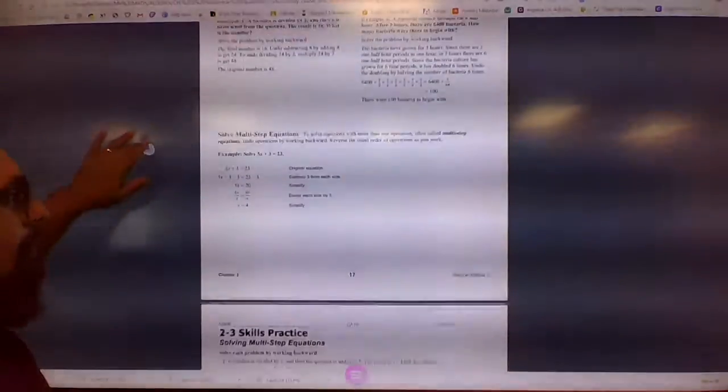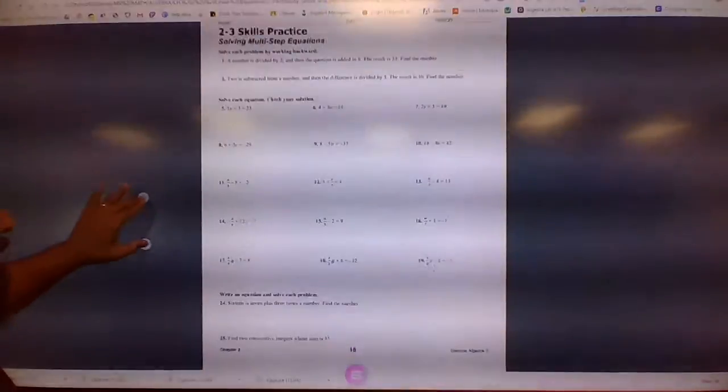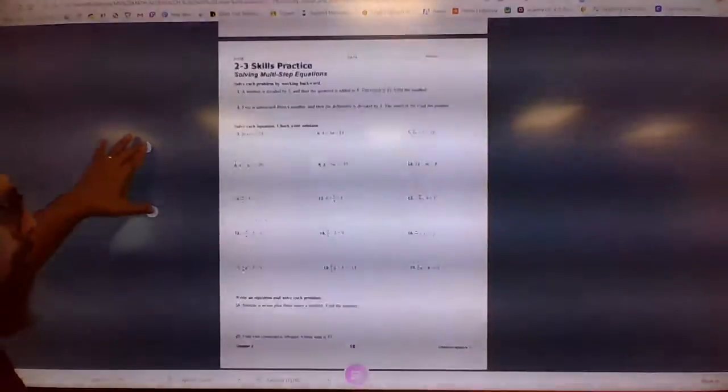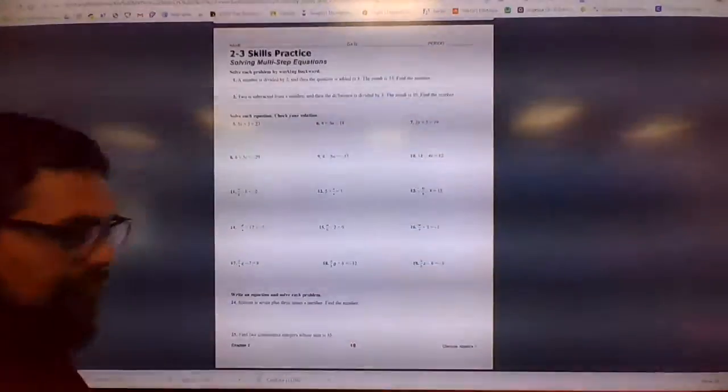Okay, so now on the back of this paper, you should have these problems. Let me show you which problems you're going to do. You're not going to do all these problems, okay? So this is the problems that you're going to do.